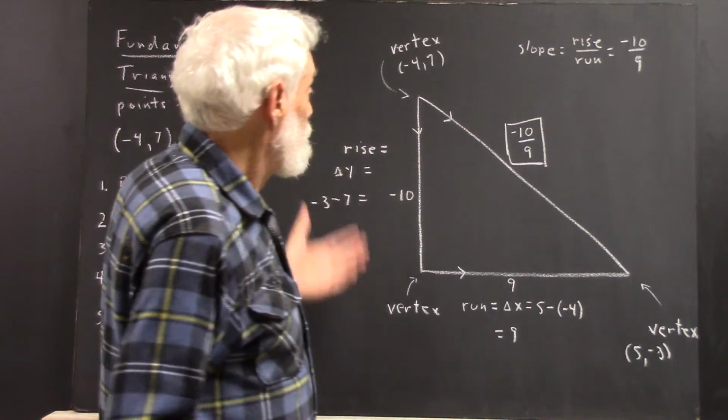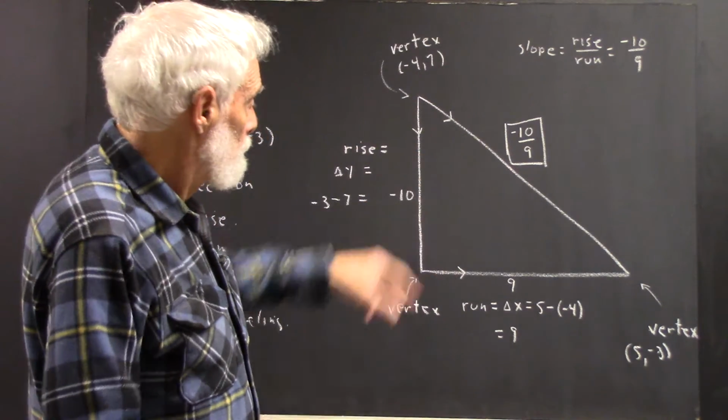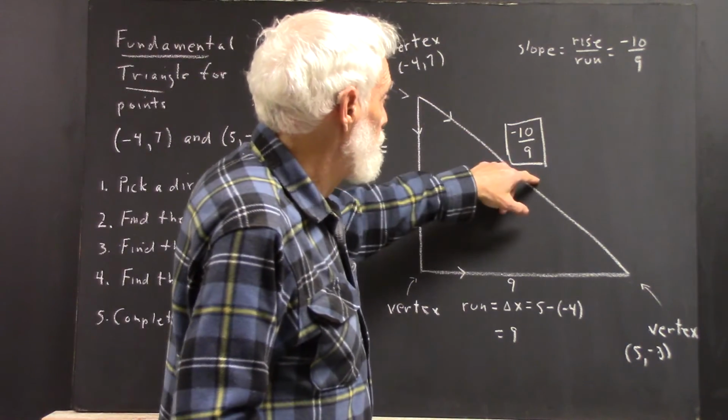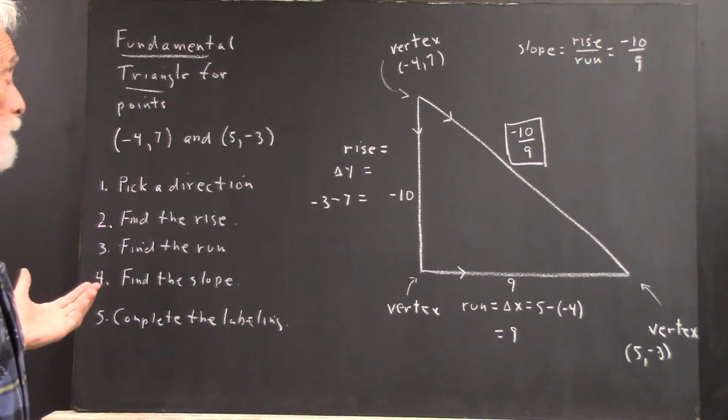Of course, we could also figure out the length using the Pythagorean theorem, but we're not going to talk about that just yet. Okay? So, that's how you label, that's how you complete a fundamental triangle.